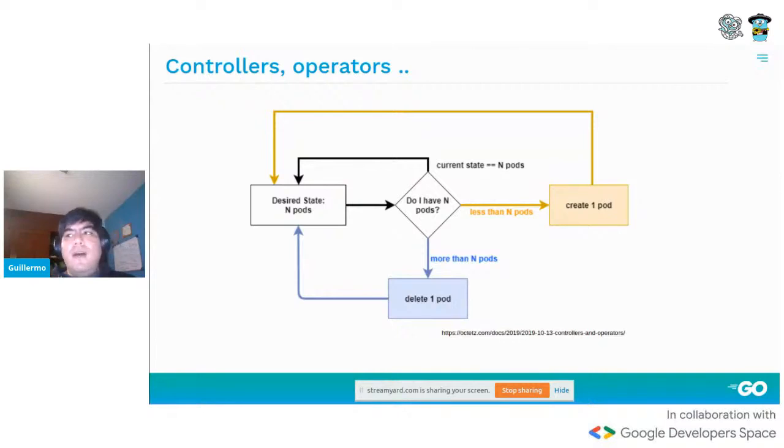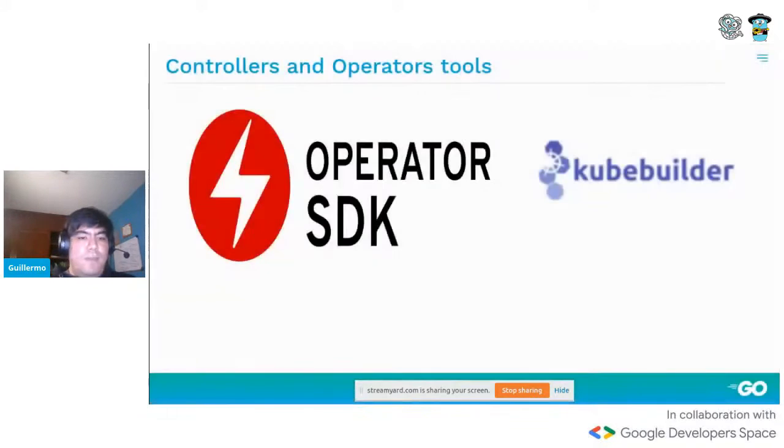For example, they are mostly used for databases, like CockroachDB or Postgres or another one, where you want it to run in a specific manner, so the operator will act as the controller in order to keep it running well. Actually, there are frameworks that make it easier for us to work with controllers and operators. One is the Operator SDK, and the other one is Kubebuilder.